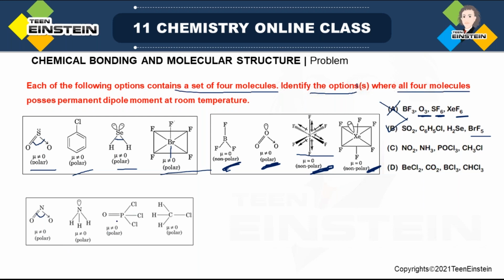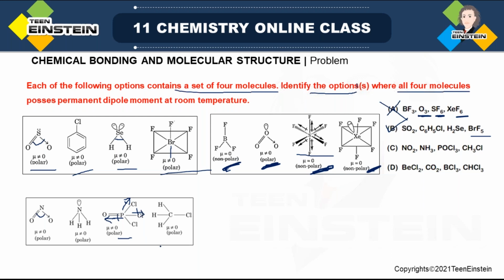So POCl3, this is also not symmetrical. Here the angle will be from phosphorus towards oxygen, and for individual phosphorus chlorine, the angle will be like this. But remember, though the directions are opposite, you have to remember this is not symmetrical. Okay, so it is not like CCl4 or CBr4. So overall dipole moment will be there.